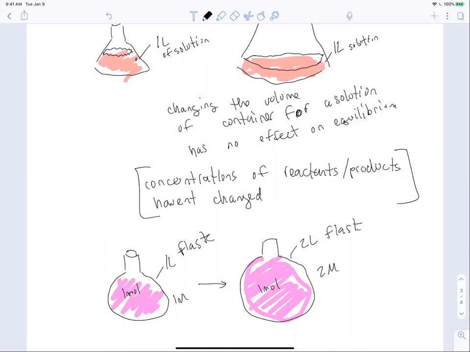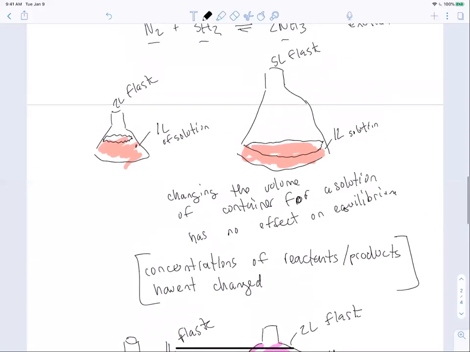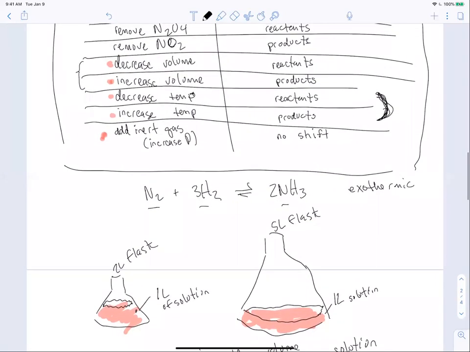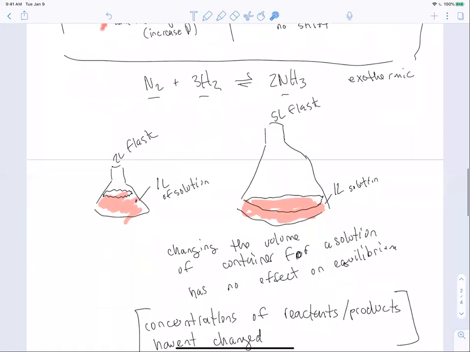But basically what I'm saying is, for solutions, it doesn't matter. If you want to emulate the increase and decrease in volume that we see here with a solution, we actually have to go in and add more solvent.